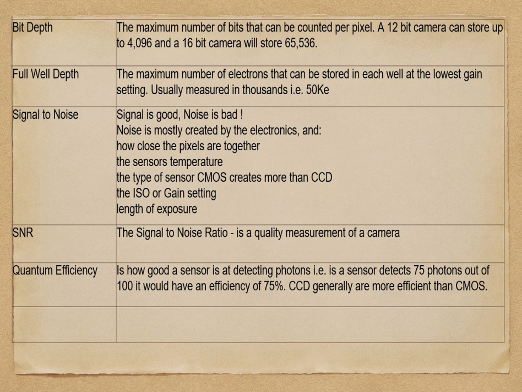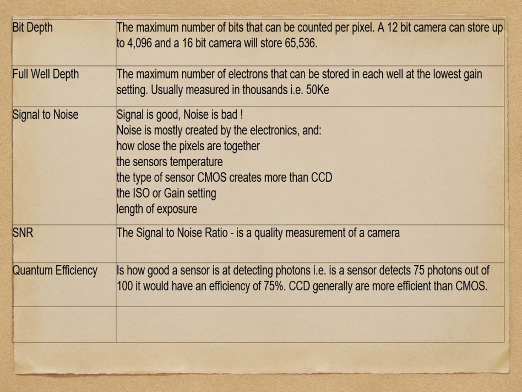Signal to noise. Signal is good, noise is bad. Noise is mostly created by the electronics and how close the pixels are together, the sensor's temperature, the type of sensor, and CMOS creates more noise than a CCD, the ISO or gain setting, and the length of exposure.